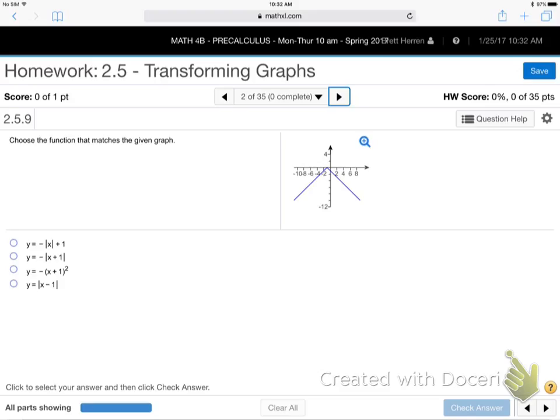What's been done, normally the V goes up, so it's been turned upside down, and it's been moved to the left 1 unit. That one, huh? Everybody see that? Because that negative sign flips it down, and that x plus 1 actually moves left, because x does the opposite. Everybody good there? Is that making sense?